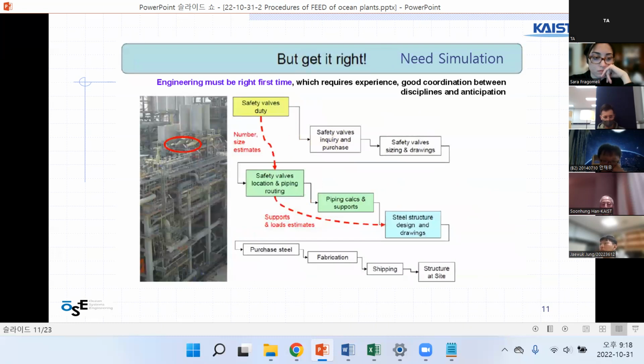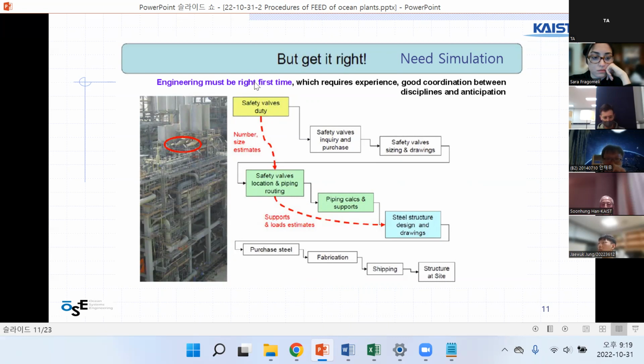So if there is something wrong with the supplier's implementation, say something like a piece inside the red circle, it is not easy to fix. So the estimation or scheduling for the simulation is important, right?